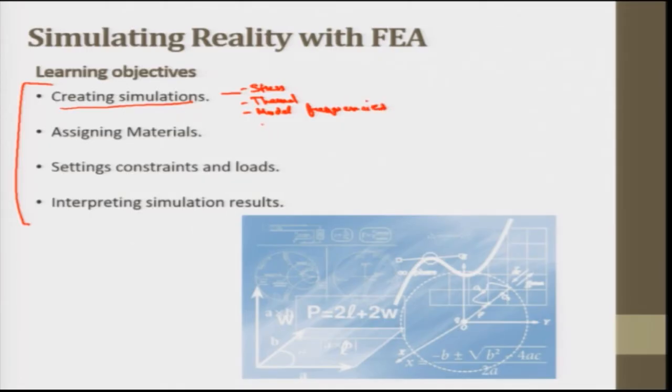Then we can have static stress, static and dynamic stress. Here dynamic means kinematic. Then we can have thermal and thermal stresses. Then maybe shape optimization, that is, what exactly should be the shape of the object that we are trying to produce. Then structural buckling if it is there.